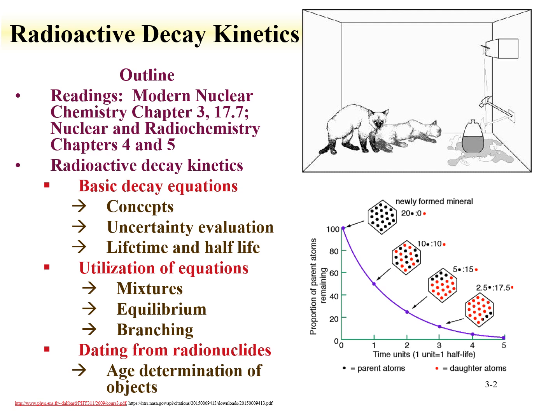The basic radioactive decay kinetics will be explored, the concepts used in the equations, the uncertainty related to the data, and the relationship between an isotope lifetime and half-life will be introduced. There will be utilization of these equations in mixtures of radioisotopes and equilibrium systems, and we'll explore that there are two types of equilibrium, transient and secular.